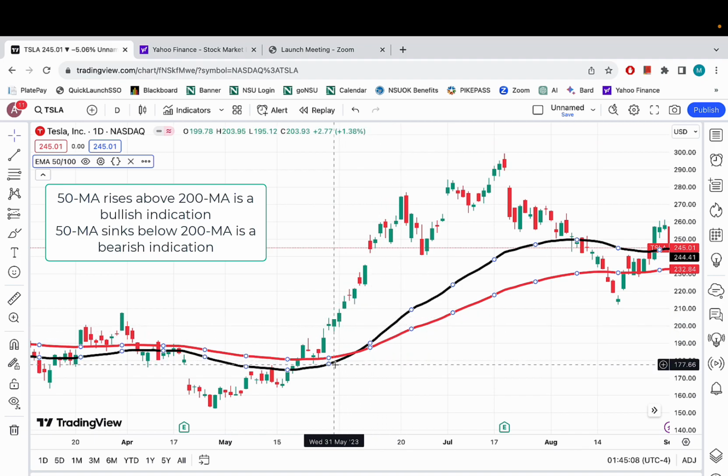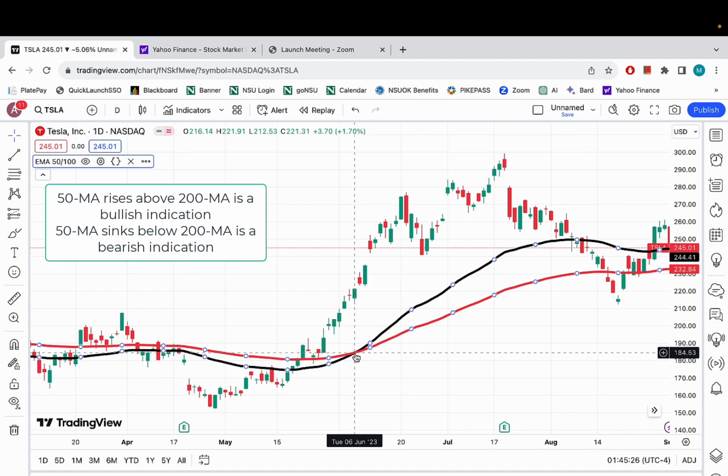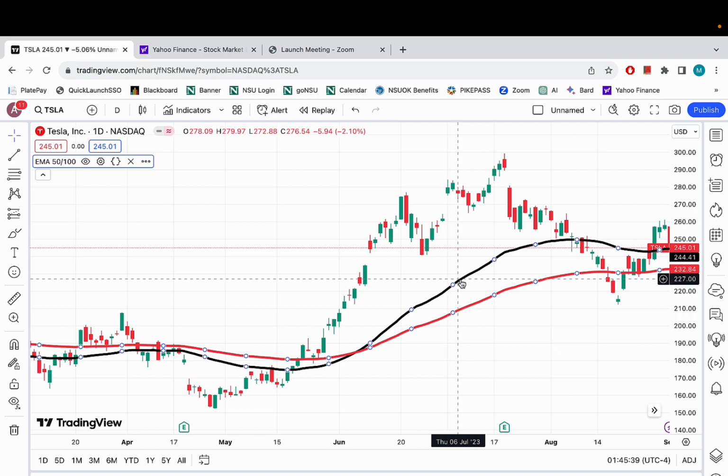And what exactly does it mean? Because the 50-period exponential moving average is a relatively short duration compared to 200-period, they interpret a bullish trend here. And when this happened on June 6, they would take it as a bullish position and they would buy more.